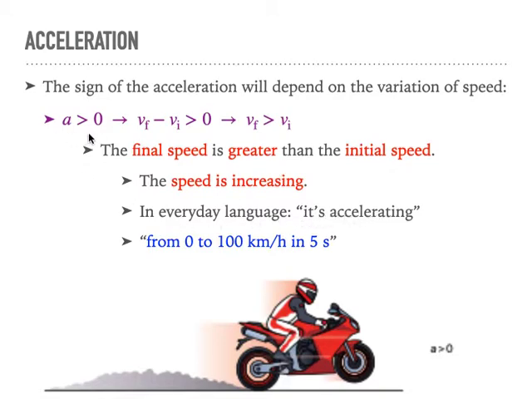So when we have a positive acceleration, what is happening is that the object is accelerating. For example, in car advertisements, we hear, this car goes from 0 to 100 kilometers per hour in 5 seconds. That's exactly the meaning of acceleration in our everyday language. But in the scientific way of saying it, acceleration is larger or is greater than zero.